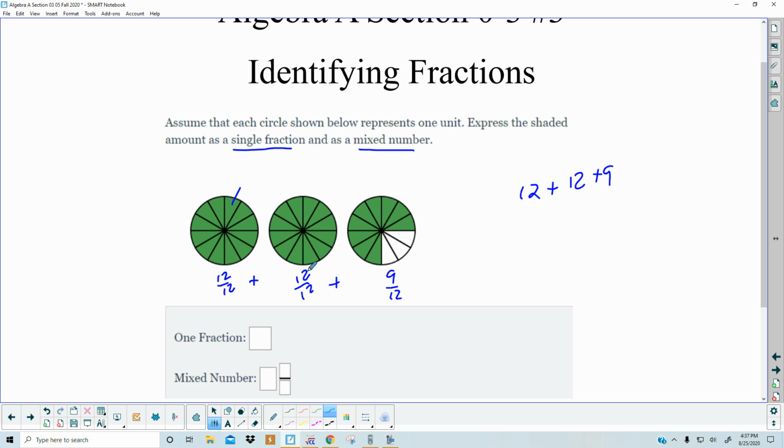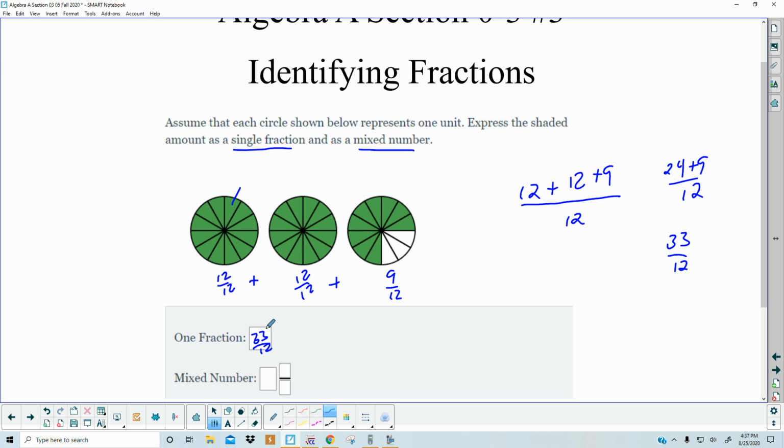So 12 plus 12 plus 9 over 12. 24 plus 9, so that's going to be 33 twelfths. And that's what you'd write in here, 33 twelfths.